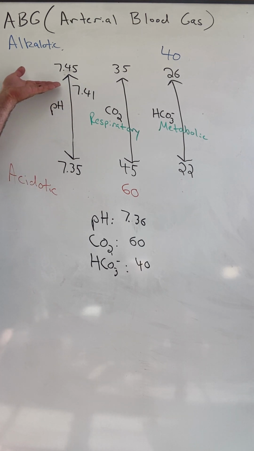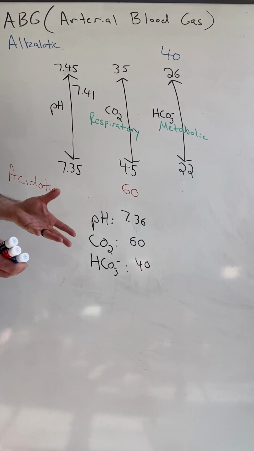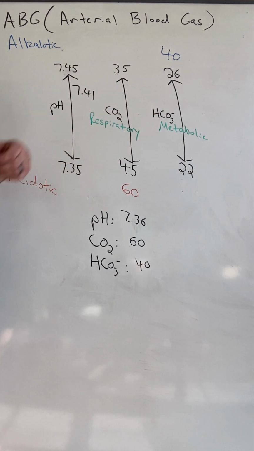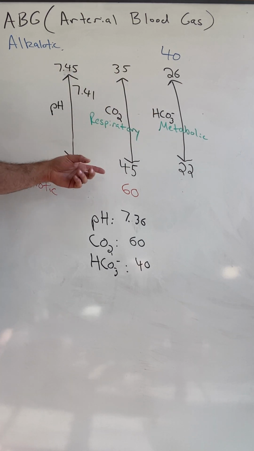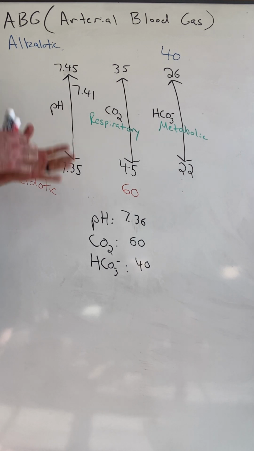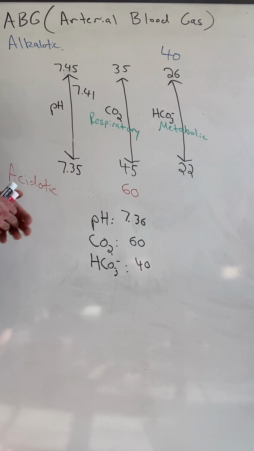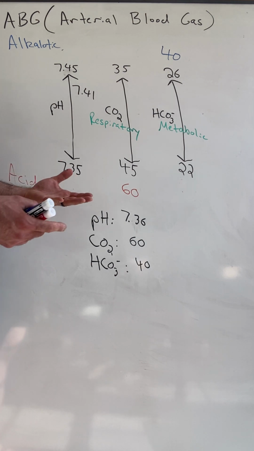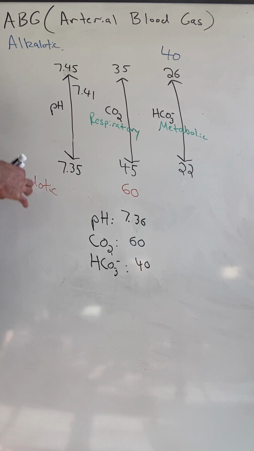It's now on the alkalotic side. So now our primary problem is metabolic alkalosis, and our compensation is respiratory acidosis. And this is where it gets tricky. It might take you a minute to wrap your head around it, okay? So just think, if you have a fully compensated ABG, you have to say, what is my primary problem? Like, what's wrong with the patient, and what's my compensation, right?